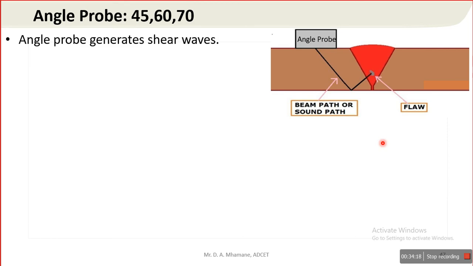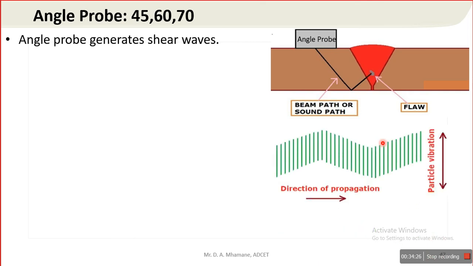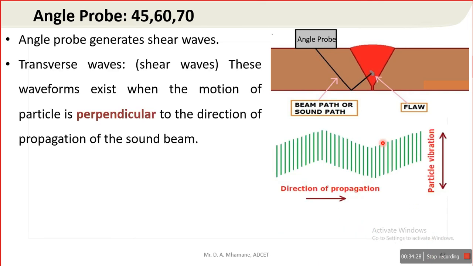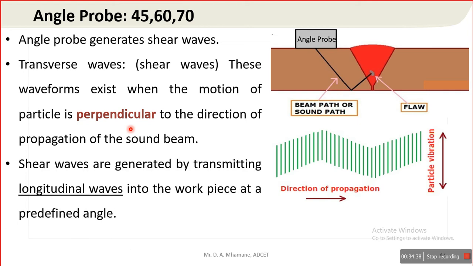The angle probe generates shear wave. It emits shear wave and transmits it into the material. So what is shear wave? Again we revise this. When particle vibrations are perpendicular to the direction of propagation, it is called a transverse wave or shear wave. These waves are generated with the help of longitudinal wave itself.